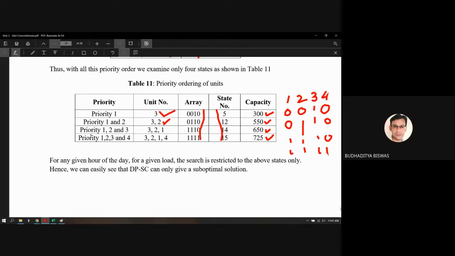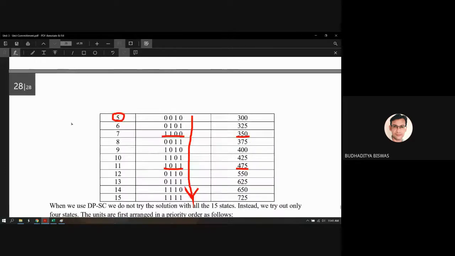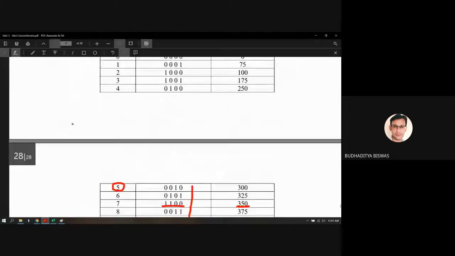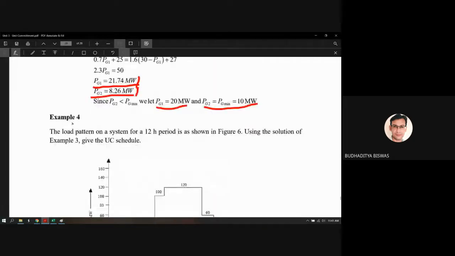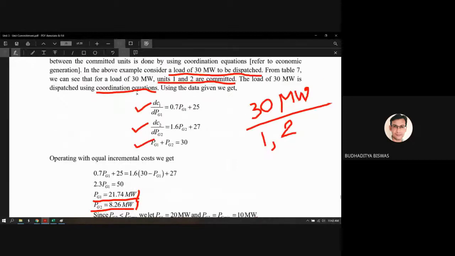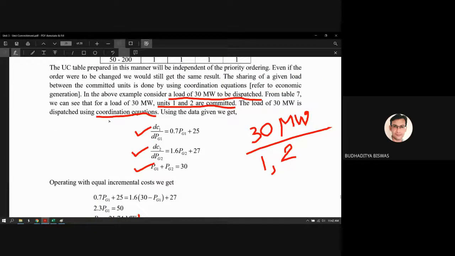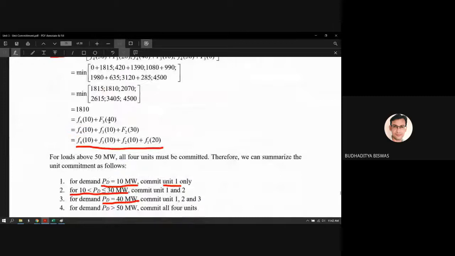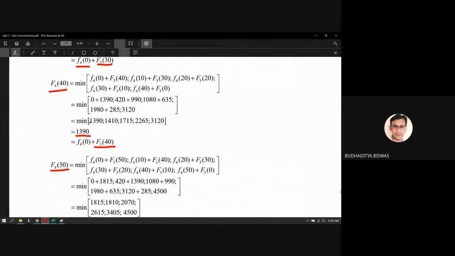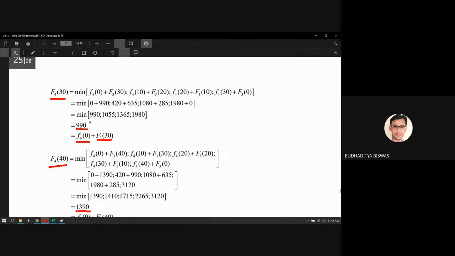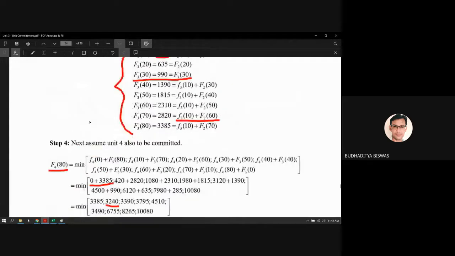So DPSC, sequential combination, is a little bit easier compared to the DPTC. I hope you do not get this type of question in the semester, but for your higher study or to understand this method, this is also required. So I'll give you one sample problem using the DPSC as well as the DPTC.